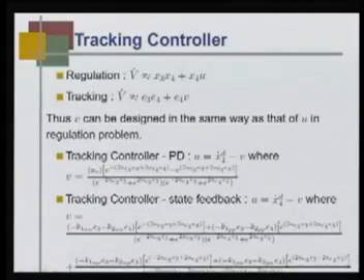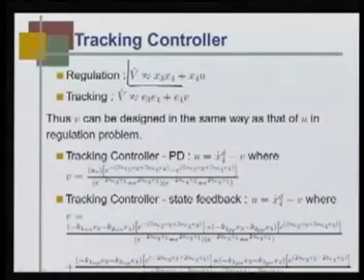So, in general what we learnt is that for regulation, the qualitative equation for the rate derivative of the Lyapunov function was x3 x4 plus x4 u.